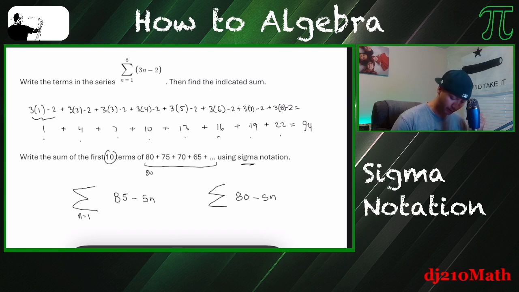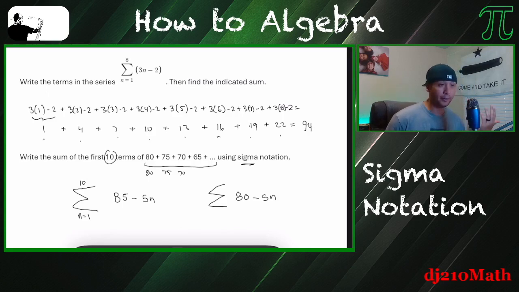So that's good. Then when n equals 2, it's going to be 85 minus 10, which is 75. And then at n equals 3, we should get 70, because 85 minus 15 is 70, and so on and so forth. So this would work. And we want the first 10 terms, so from n equals 1 to 10.